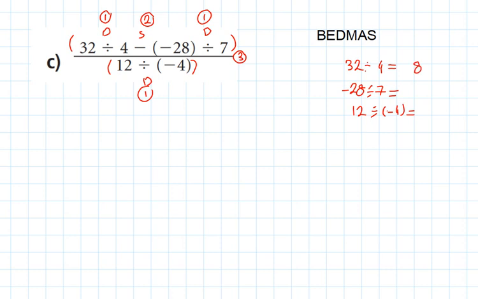Negative 28 divided by 7 is negative 4. 12 divided by negative 4 is negative 3. So I would end up with 8 minus negative 4, divided by negative 3.